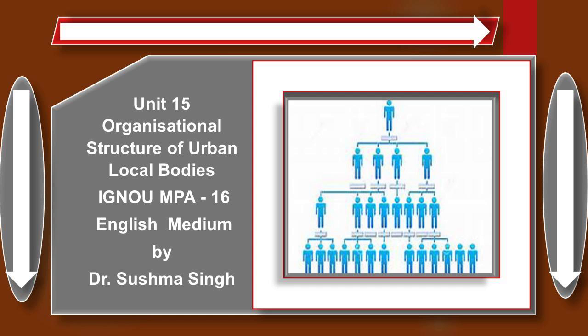The representation of the weaker and other vulnerable groups of the society ensures people's participation in administration by way of managing their own affairs. The permanency of the tenure of urban government ensures the accountability of administration to the people.